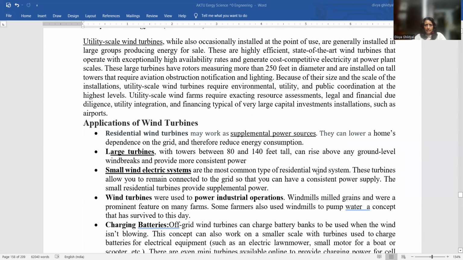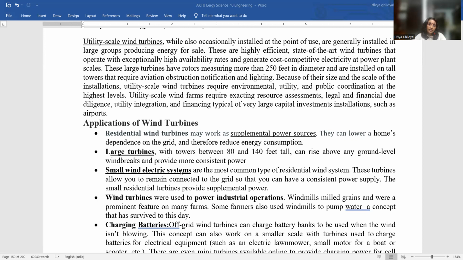It depends on what type of blades you require and the turbine setup as per your application. Residential wind turbines may work as a supplementary power supply. Large turbines will require big towers between 80 and 140 feet tall, above ground level.